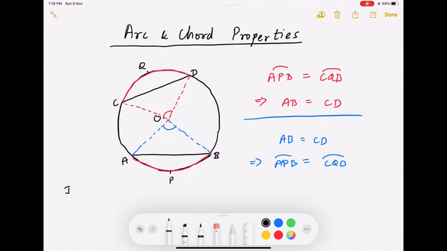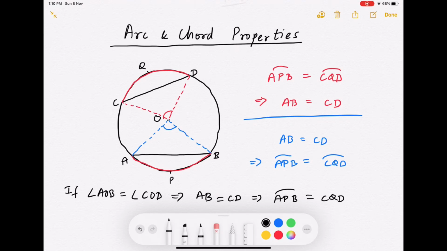If I know that angle AOB is equal to angle COD, then I can also imply that the chords AB and CD are equal, which also eventually means that the arcs APB and the arc CQD are also equal.